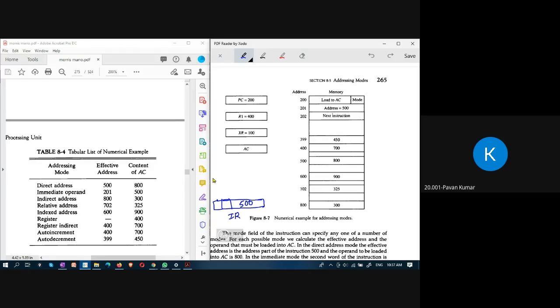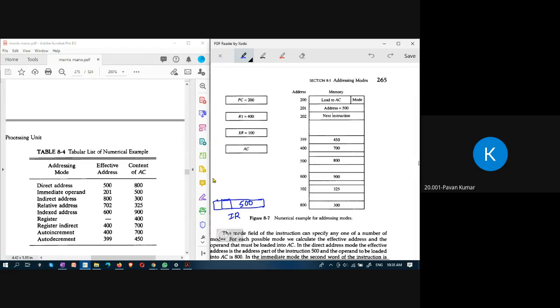Ma'am, that will be the address of the operand. Yes. Now you tell me what is the operand. We have got memory. We have got addresses here shown on the right side of this figure. Consider that this 500 is the address. You are absolutely right. You tell me now what is the operand.